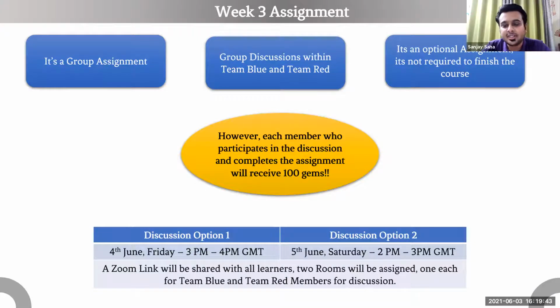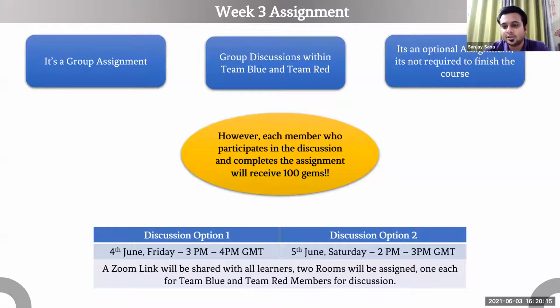So eventually, that team will win where more members participate and submit the assignment. So it has to be both things. More in percentage, not in actual percentage to those who are following the list we showed at the beginning. No, not in that sense. What I'm saying is, let's say there were 25 participants to begin with.